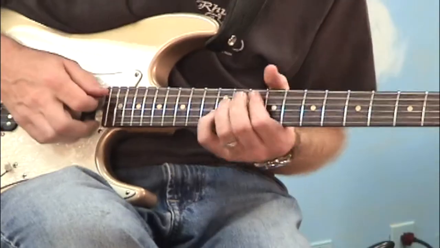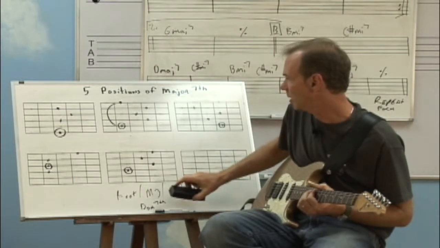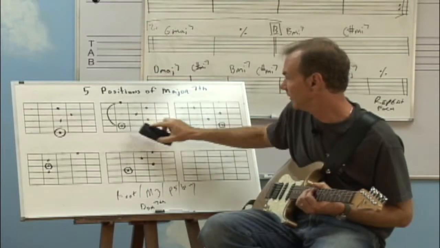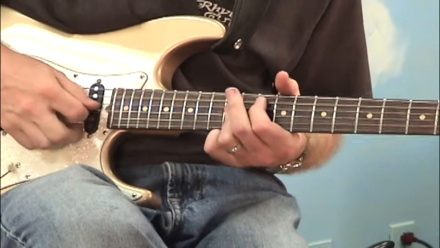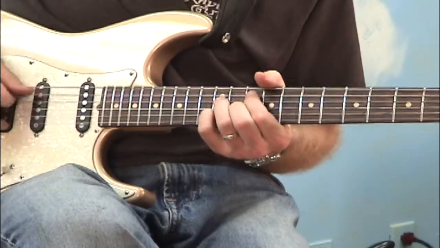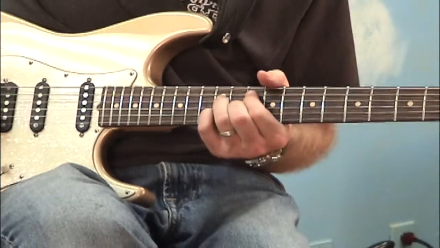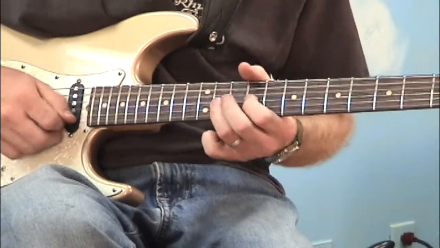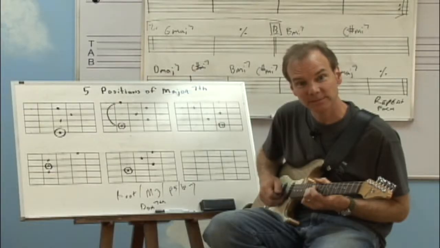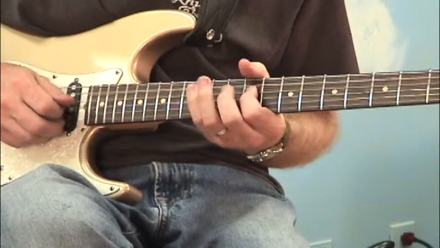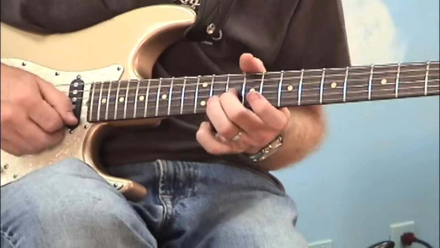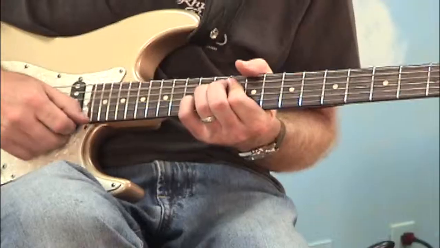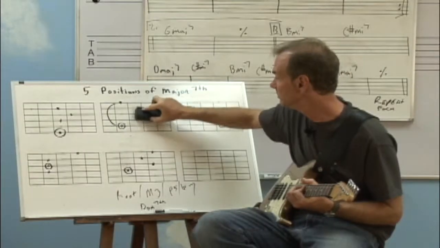Okay, moving up the neck, we had our major seventh form right here. Okay? The major triad became a major seven, because that note became the seventh. But we know F sharp is going to go to F natural if it's going to be a dominant chord. So what do we have to do? No problem.